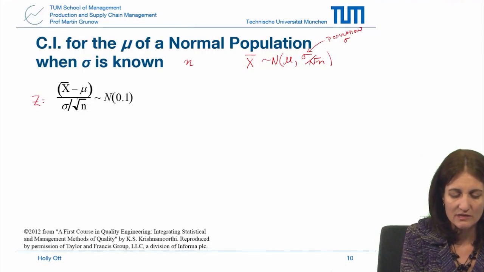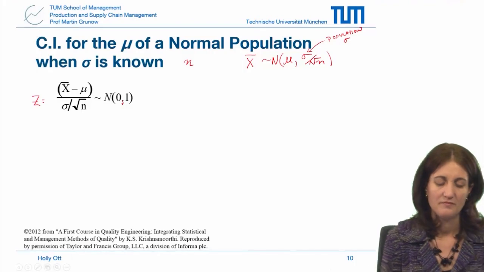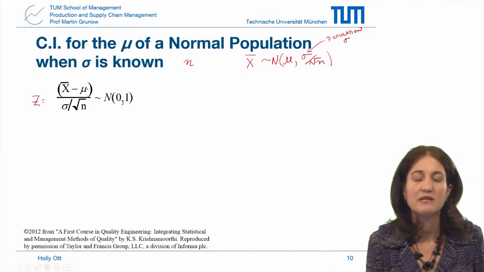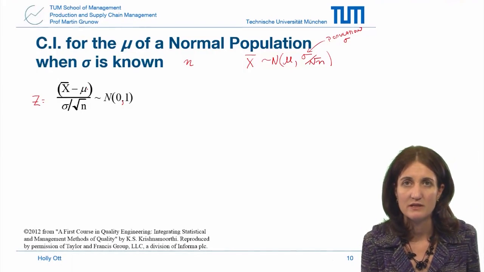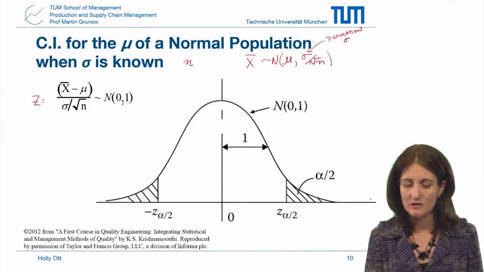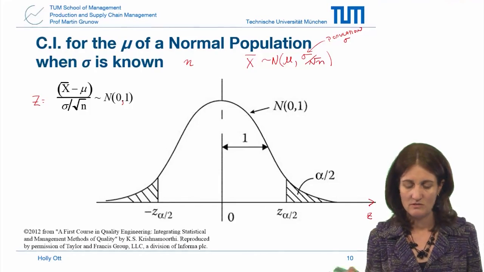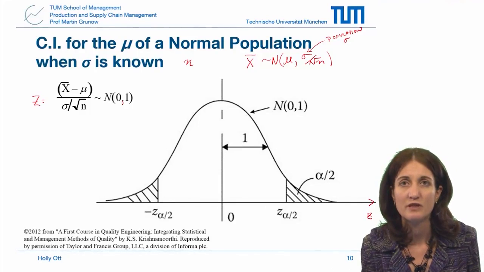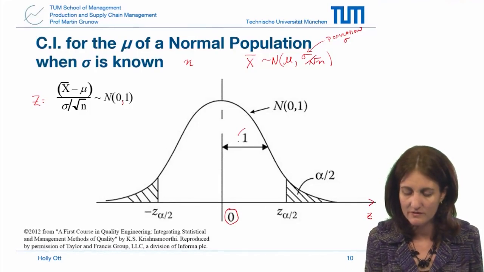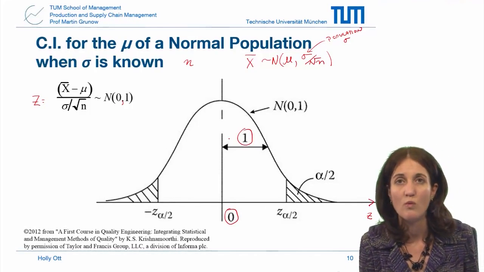We transform this variable by subtracting the mean and dividing by the standard deviation, and we can look at how this standard normal distribution looks. We can look this up on our table. So it has a mean of 0, a standard deviation of 1.